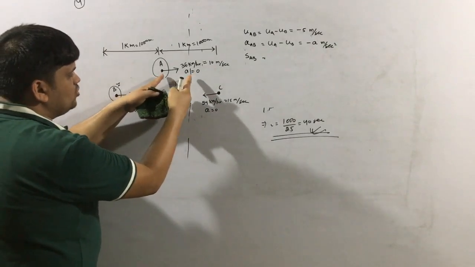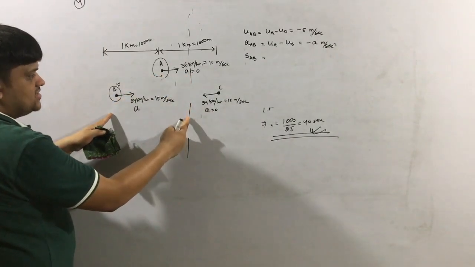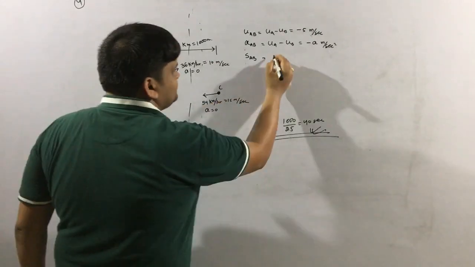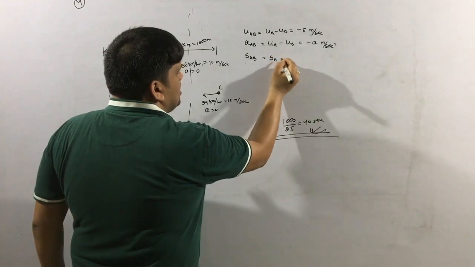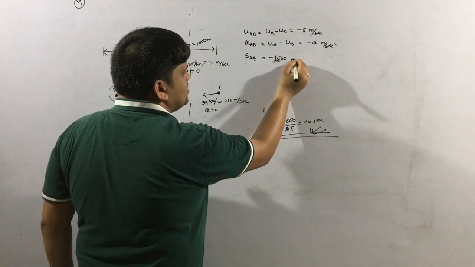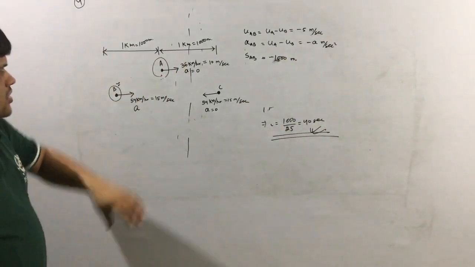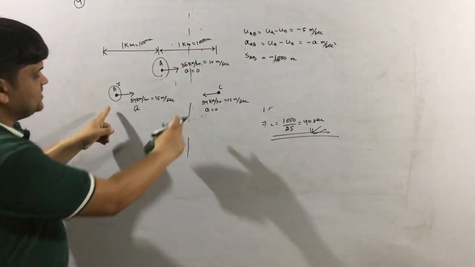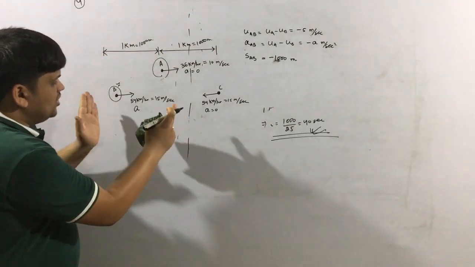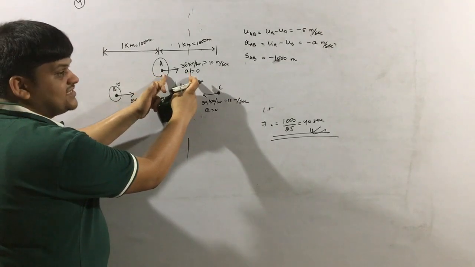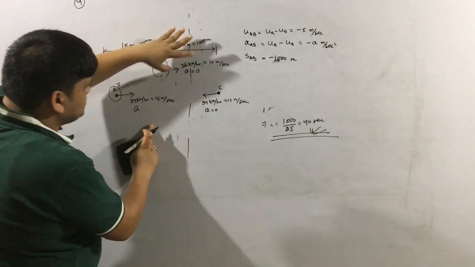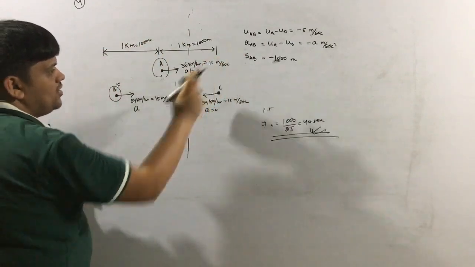So if you do this distance minus this distance, obviously you get minus 1000 meters. I think it is clear. See, this is smaller, this is larger. If you do the larger distance minus the smaller distance, you get 1000. But now I am doing smaller minus larger, so the answer will be minus 1000.